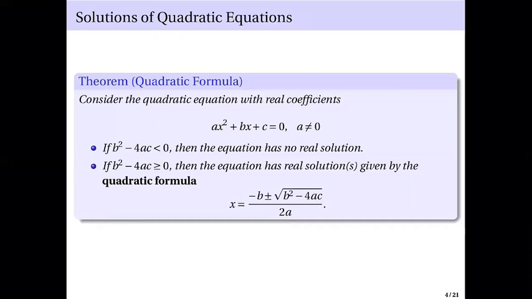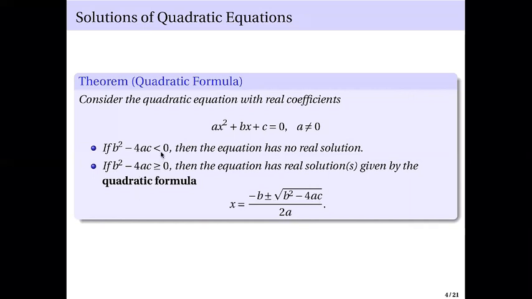This is the quadratic formula. Notice you have that b squared minus 4ac inside the square root symbol.